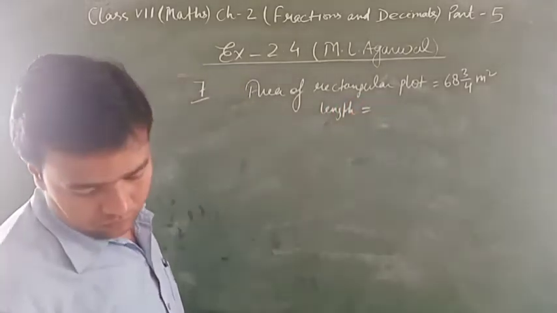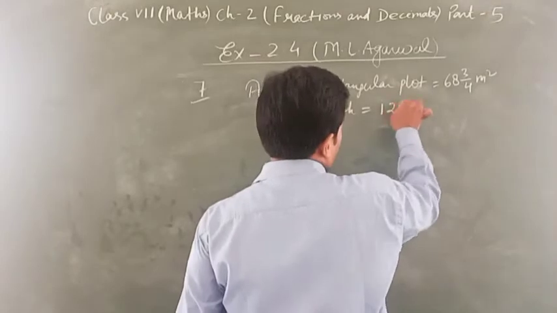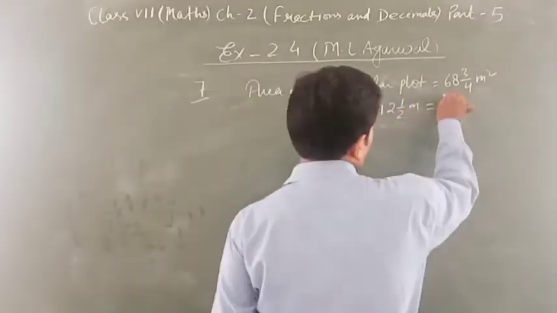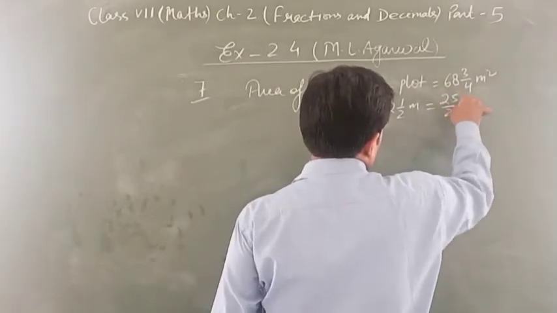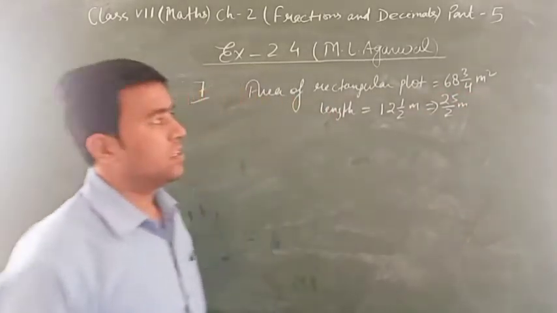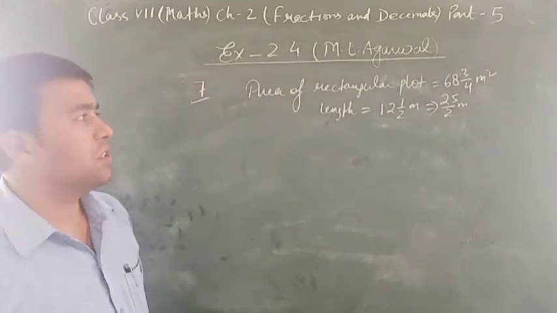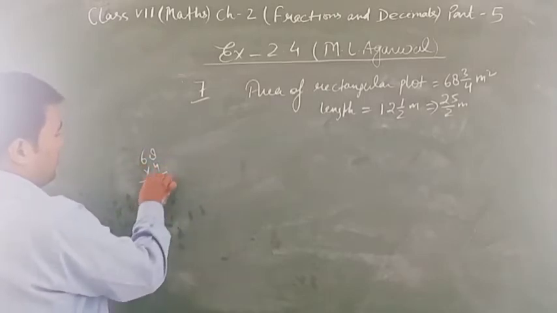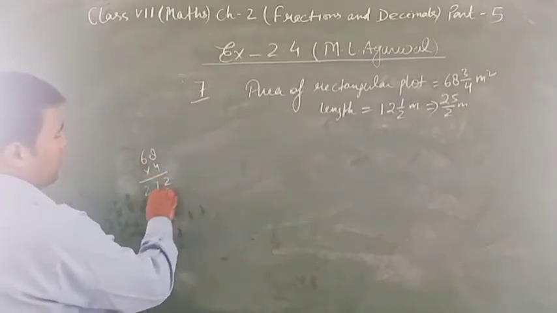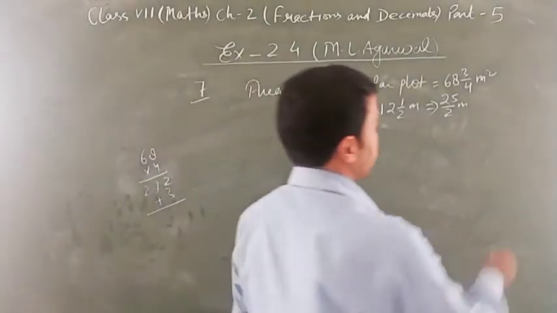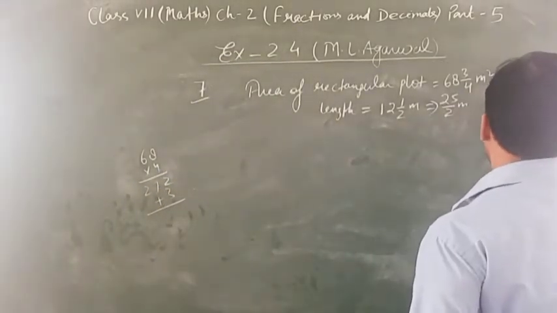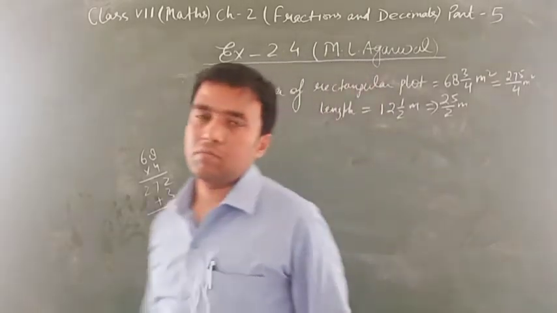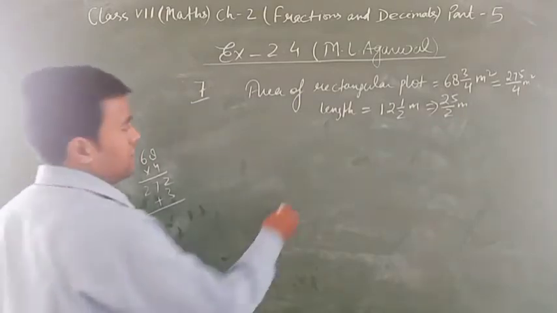Length equal to 12 whole 1 by 2 meter. 12 whole 1 by 2 means 25 by 2 meter. And 68 whole 3 by 4 means 272 plus 3, 275 by 4 meters. Clear? Asking breadth.